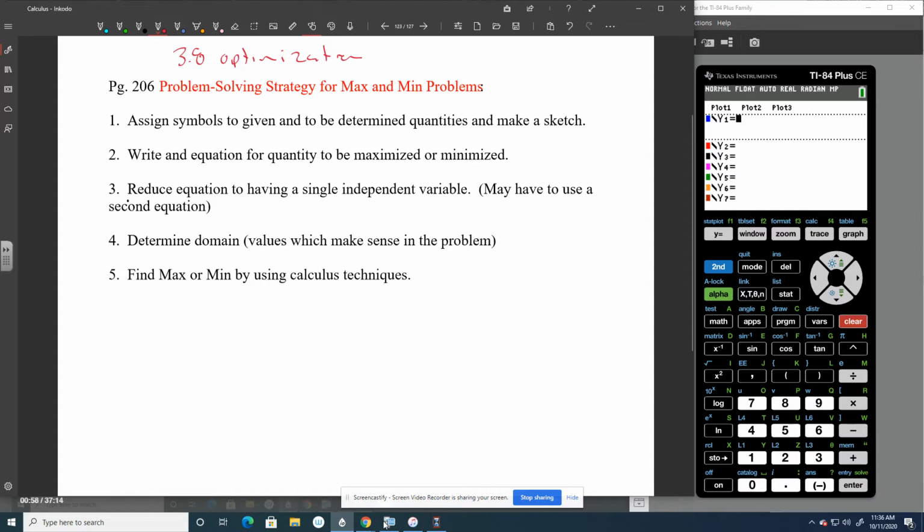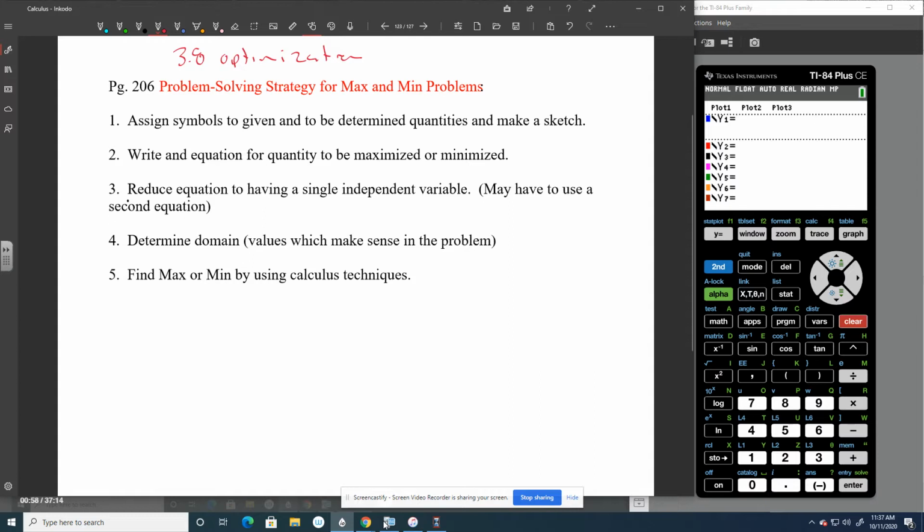It's something that scientists use. It's something that they use in the medical field. It's something that we use in business all of the time. Because if you can put an equation together to represent something in the real world, you can maximize or minimize. You can find the largest and smallest values for that function using calculus.